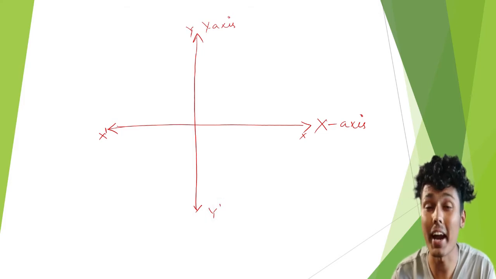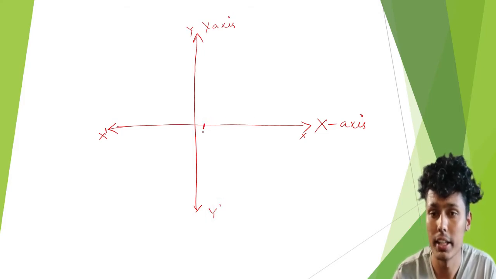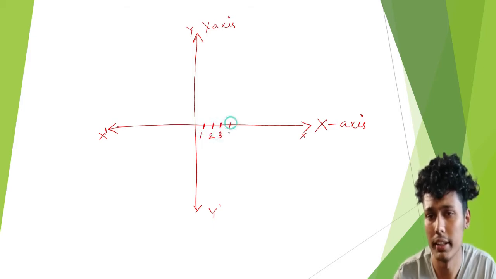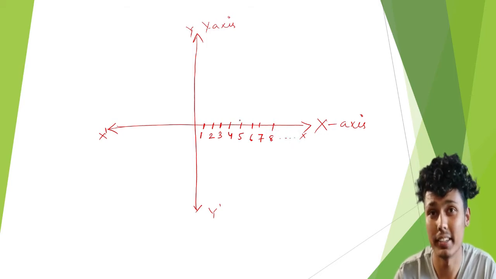So how are you going to write the numbers? Look here very carefully. This will be 1, this will be 2, this will be 3, this will be 4, 5, 6, 7, 8, and so on. You can write as much as you can.